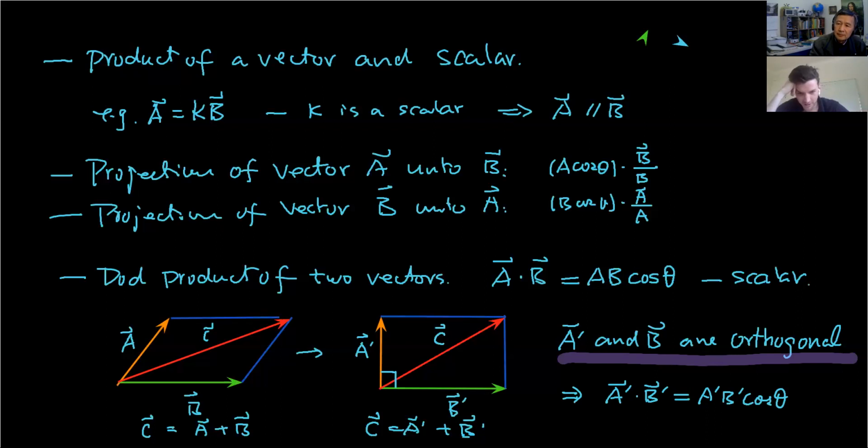Theta will be 90 degrees, or half pi, if you want to review that. What is the value of cosine 90 degrees, this special angle?